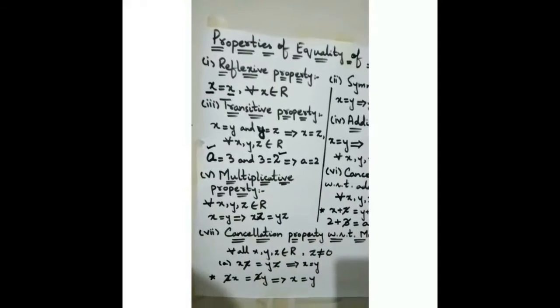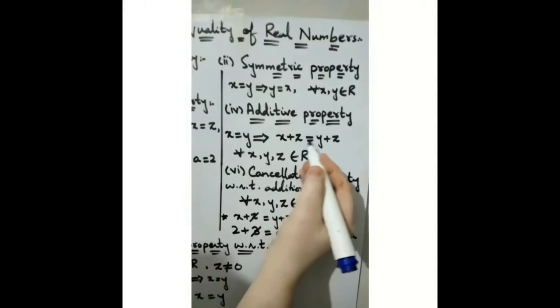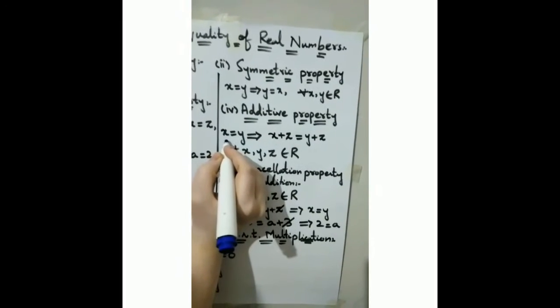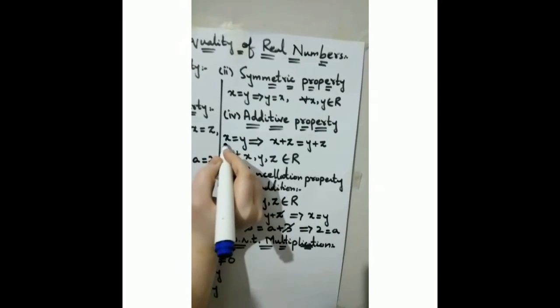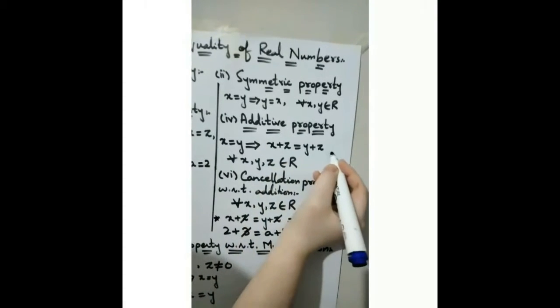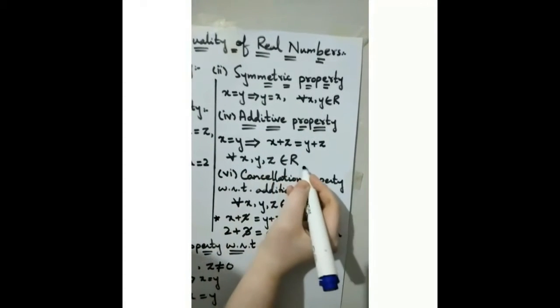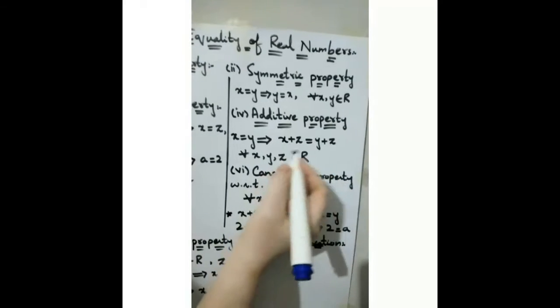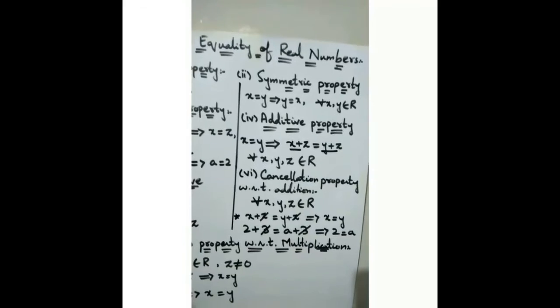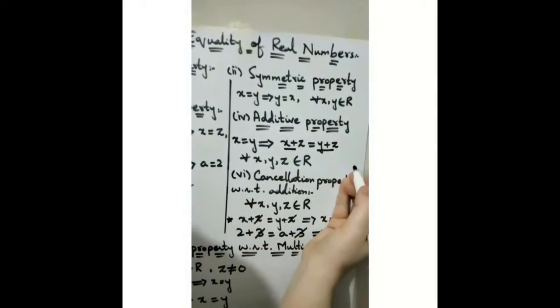Fourth property is the additive property. X is equal to y, that is x plus z equals y plus z. I am adding z, a real number, to both sides, with the x and with the y, x plus z and y plus z, for all x, y belonging to R, and the value of these two terms will remain the same.